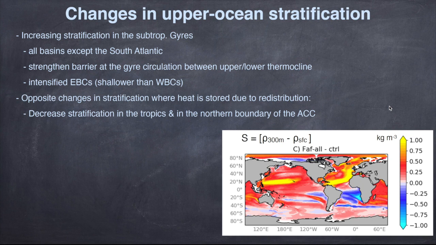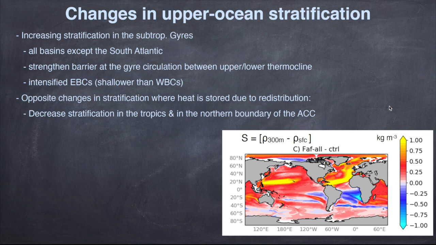And last, we analyze the change in the upper ocean stratification, and you can see that regions where you have most of the subtropical gyres have increased stratification, and because of that, we increase the barrier between the surface and lower thermocline circulation.